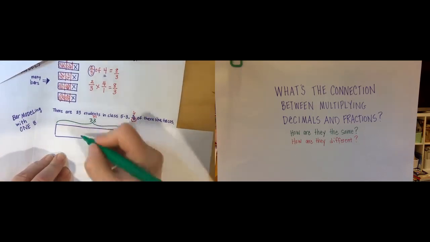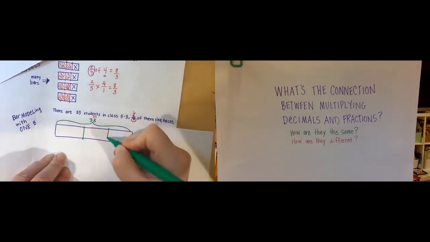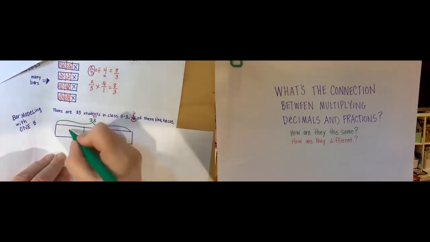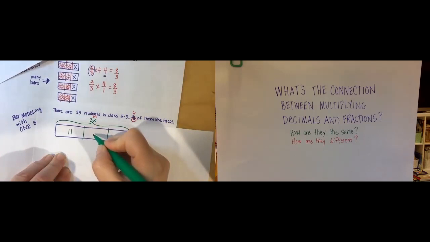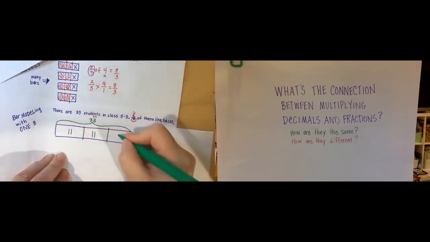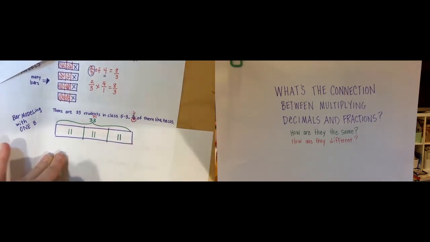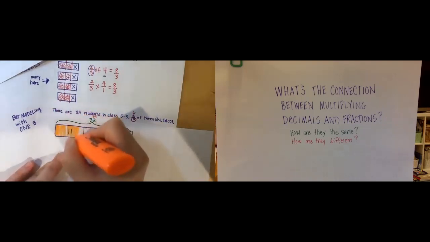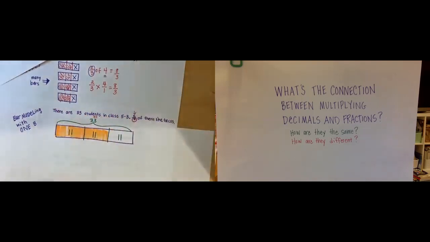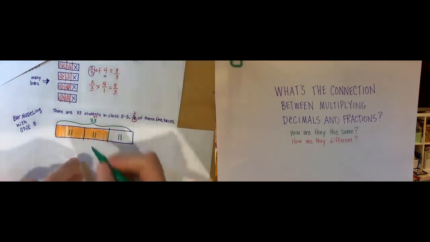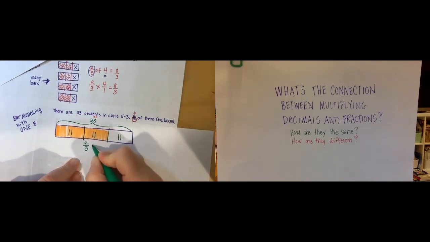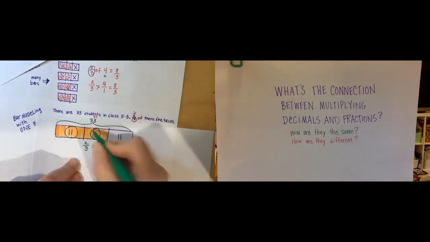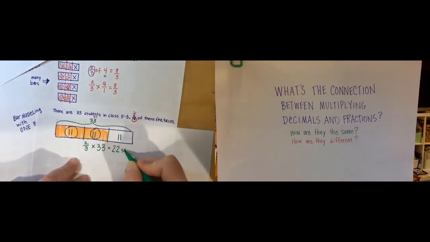And if 2/3 of them like tacos, well, I could think about each third of my class individually. 1/3 would be 11 students, another third would be another 11 students, and another third would be another 11 students. And we know that 2/3 of class 5-3 like tacos, which means that 2/3 of 33 is 11 students plus another 11 students, 22 students like tacos.